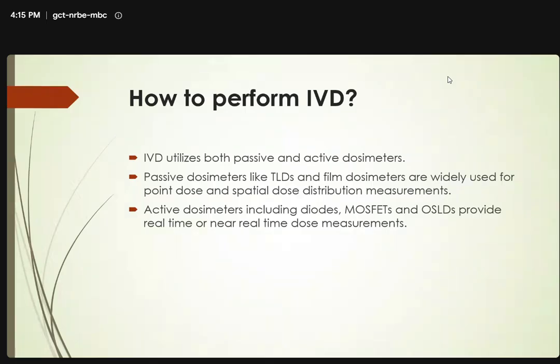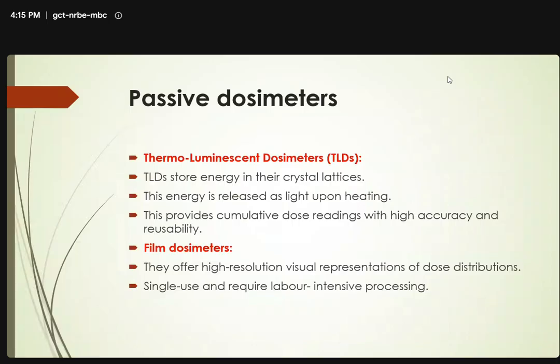So, what are passive and active dosimeters? Passive dosimeters are TLDs, thermoluminescent dosimeters, and film dosimeters. So TLDs, we know that they store energy in their crystal lattices, and this energy is released as light upon heating, and this provides cumulative dose reading with high accuracy and reusability.